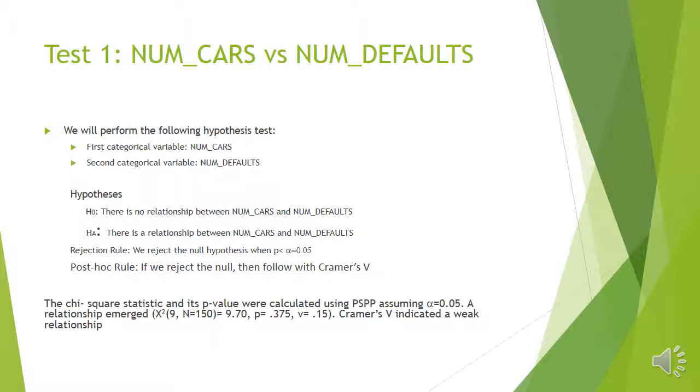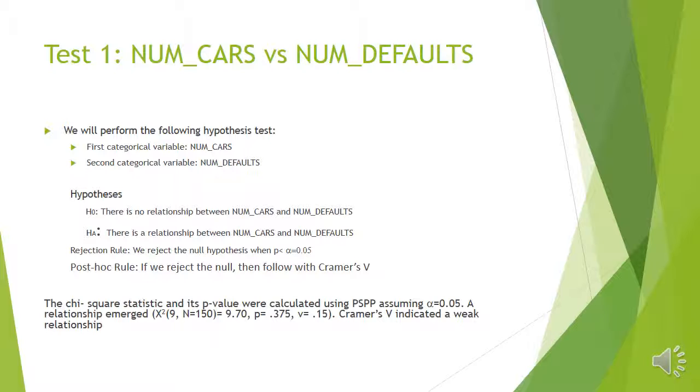Now, from our data set, our first relationship we looked at was the number of cars versus the number of default payments. So our first categorical variable was number of cars, with our second categorical variable being number of default payments on said cars.